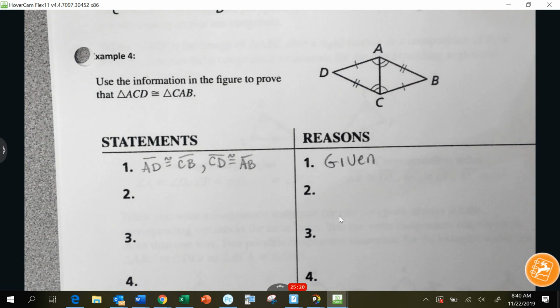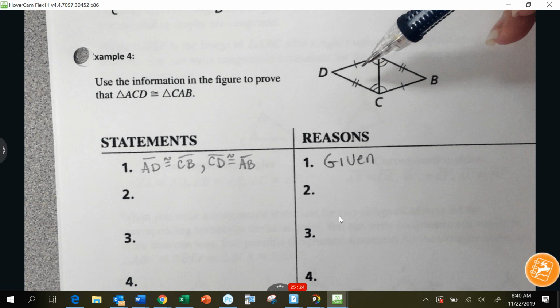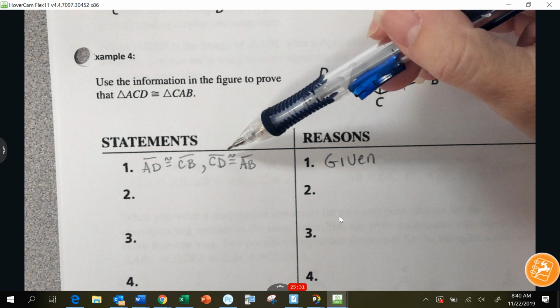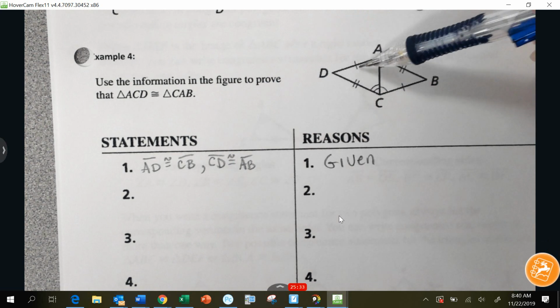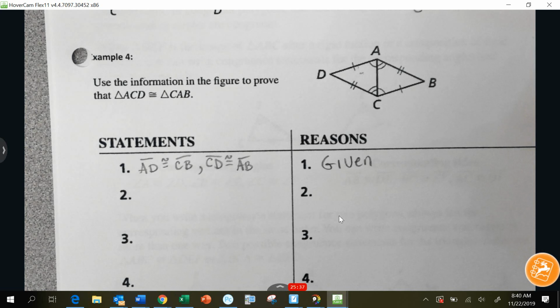What is the third side on the first triangle? I've done AD, I've done CD. What's the third side on this first triangle? David, do you know? AC.